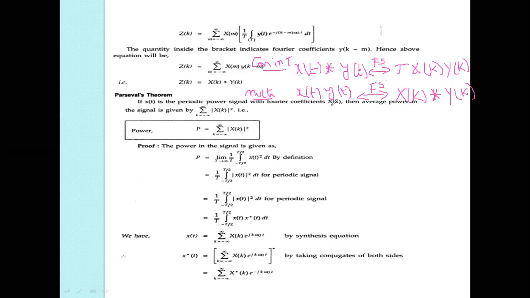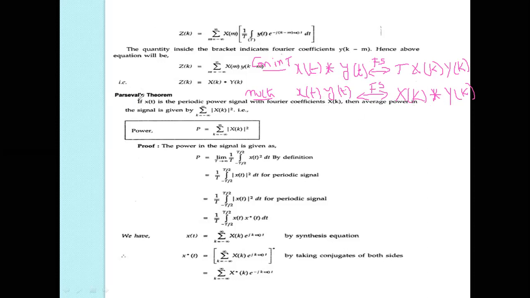If time is product, frequency is convolution. So these two properties are very important. You have to learn and practice this two or three times, then you can get it without any ambiguity. The convolution of x of t and y of t gives T times x of k y of k. And the multiplication and modulation theorem: x of t y of t has the Fourier series x of k convolved with y of k.